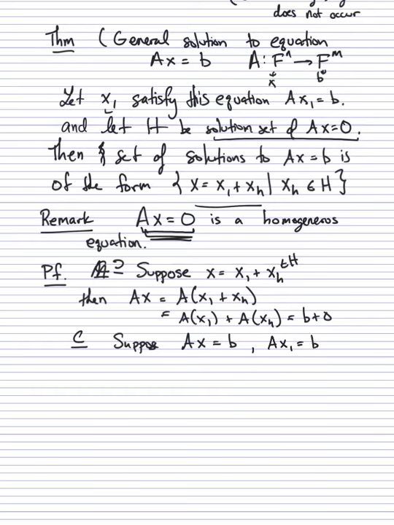Then I claim that x1 minus x is in H. This is just because if I look at A of (x1 minus x), I get b minus b, so this is 0. Therefore x is just equal to x1 plus (x minus x1). This is in H. This is a solution that goes to b under A, so that's the proof.